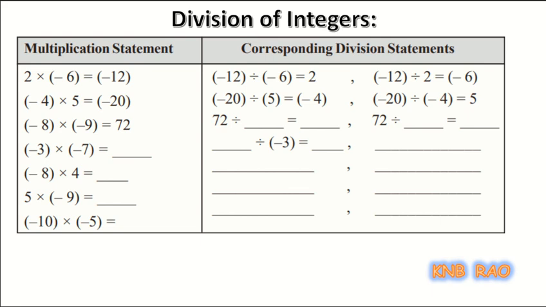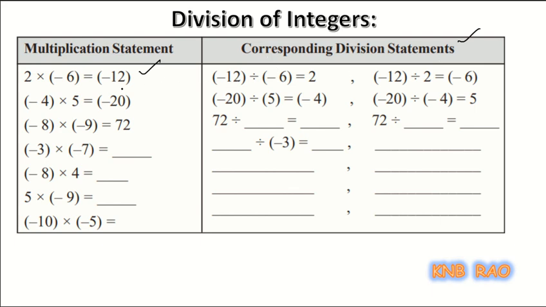Students, here I am taking the multiplication fact first in this table. You know how to multiply 2 into minus 6, which results as minus 12, and from this multiplication fact we will get the corresponding division facts. So what are the division facts?